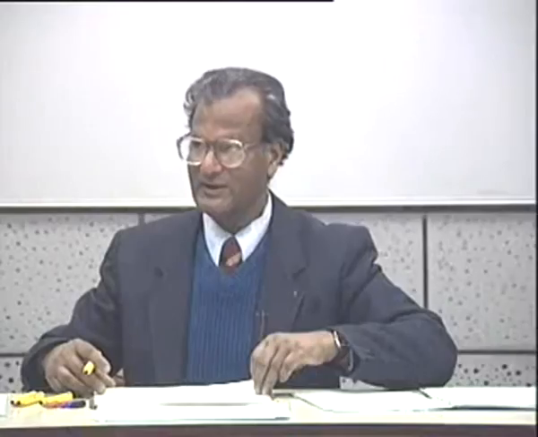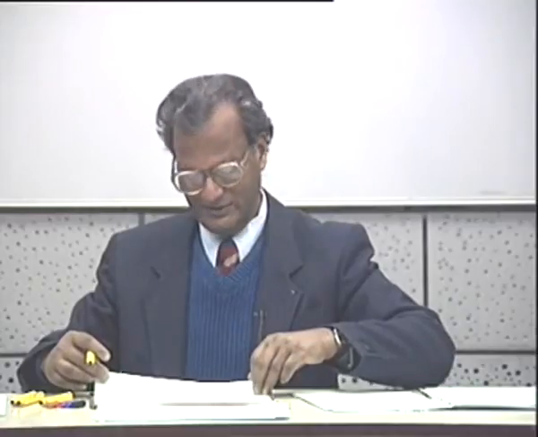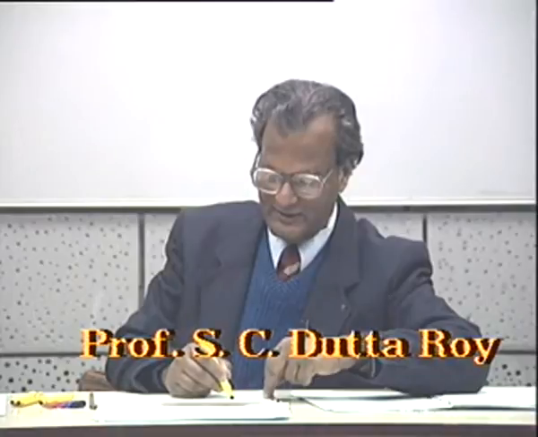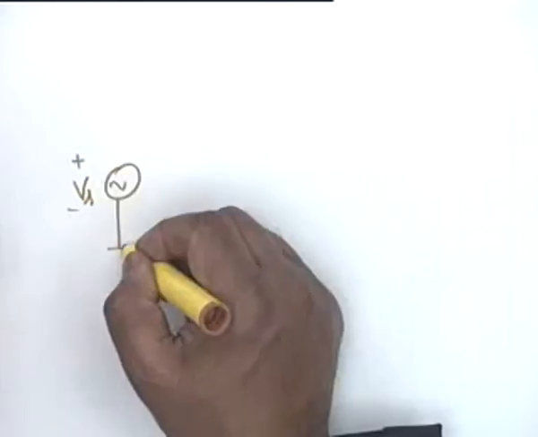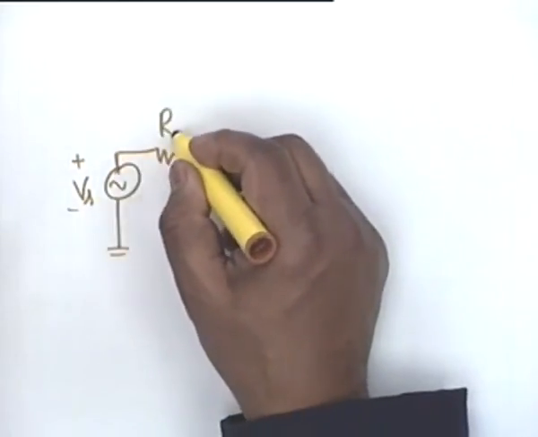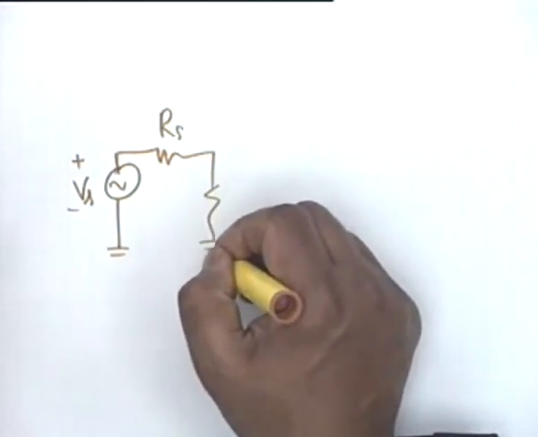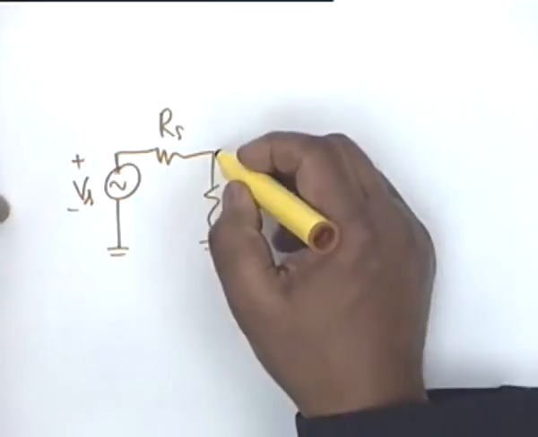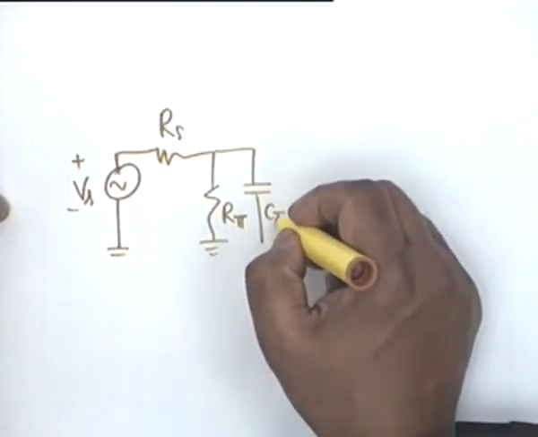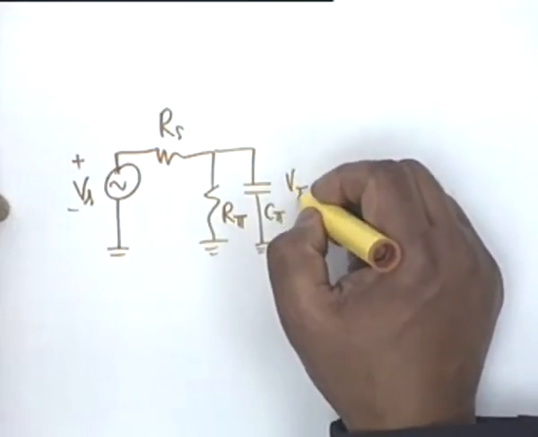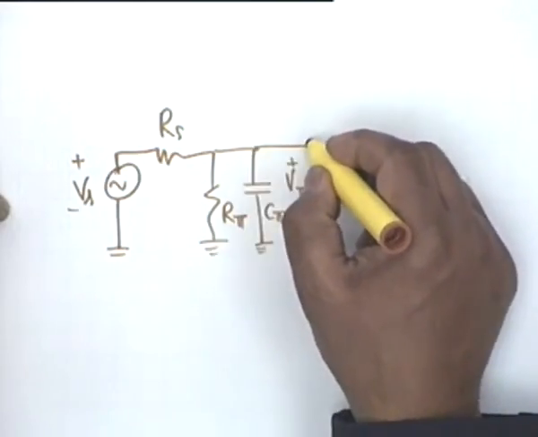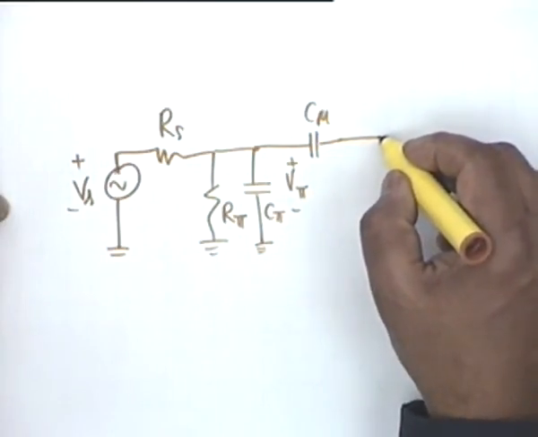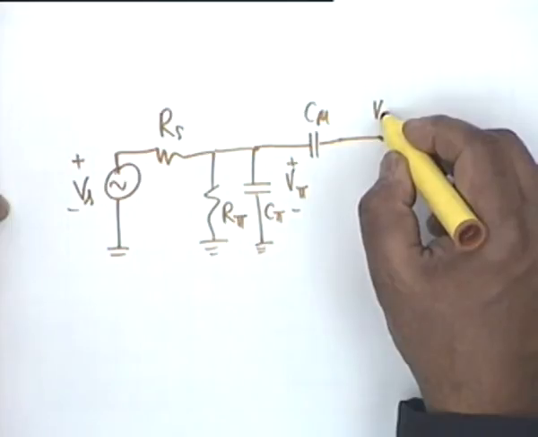Okay. Now let us look at the input circuit. The story is quite different there. You recall the story is that there is a Vs, Rs, then we have R pi, capital R pi, the parallel combination of Rb and small r pi, then a C pi, this is V pi, and there is a C mu, then this node voltage is V0.